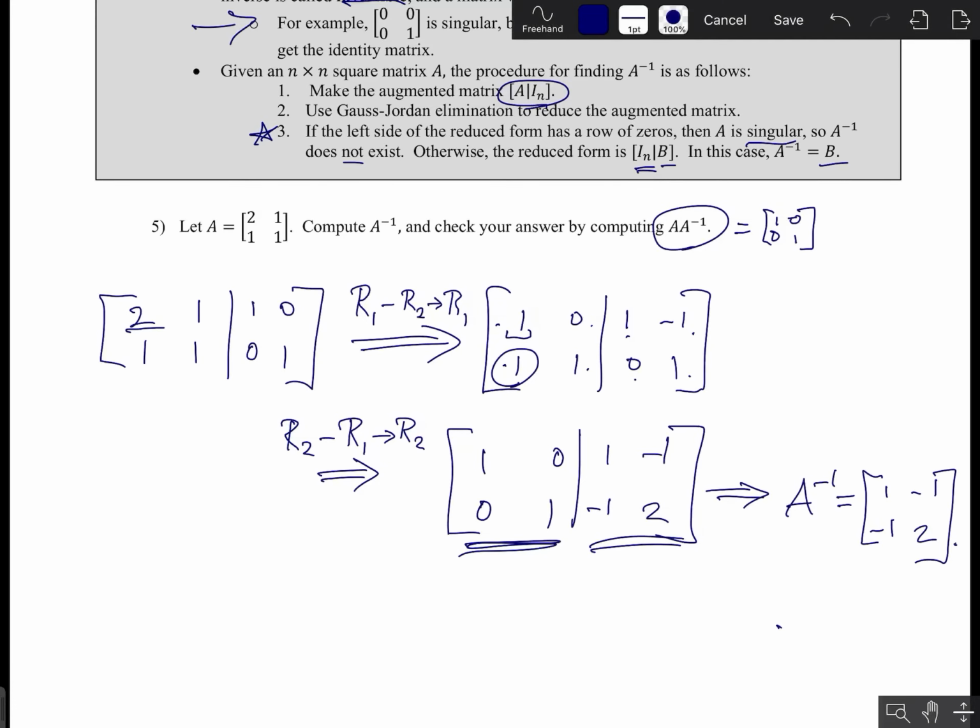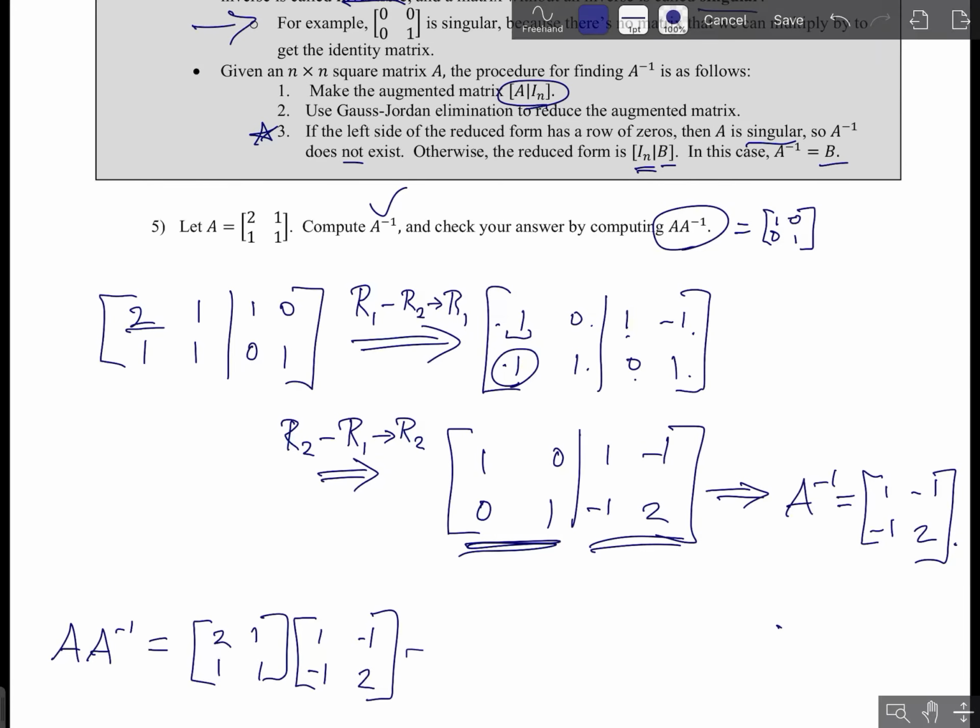Okay, so we've computed A inverse, and we're going to check our answer by computing A times A inverse. So A times A inverse is going to be the matrix A that we were given, which is 2, 1, 1, 1, times the inverse that we computed, which is 1, negative 1, negative 1, 2. Now, if you want, you can pause the video and compute this yourself.